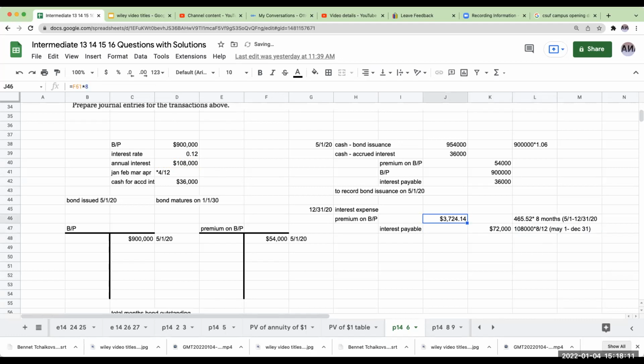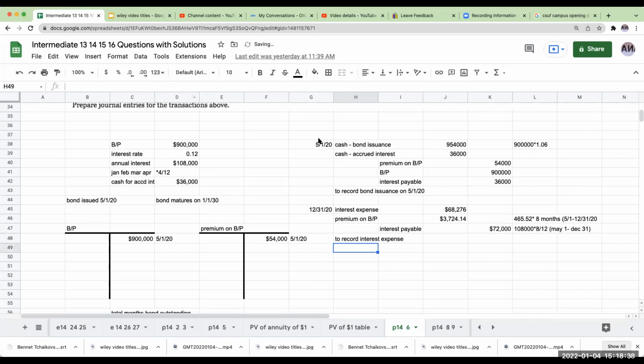Now, when I'm amortizing my discount or premium straight line, the interest expense becomes a balancing entry. When I was doing it on the effective interest method, it's the primary entry followed by the premium. So my interest expense is 68,276 to record interest expense. Okay.